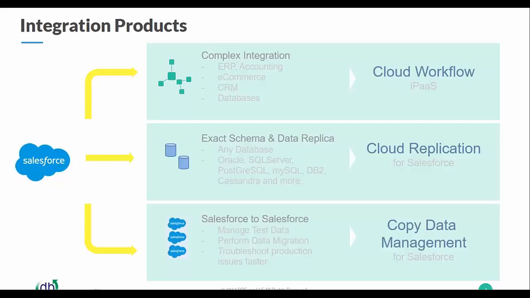We also have our Cloud Replication product line, which is primarily a data warehousing tool for your Salesforce data. We recently launched copy data management for Salesforce, which is for managing your test data, performing data migrations, or troubleshooting any production issues within your Salesforce instance.